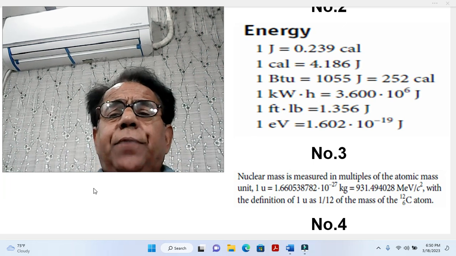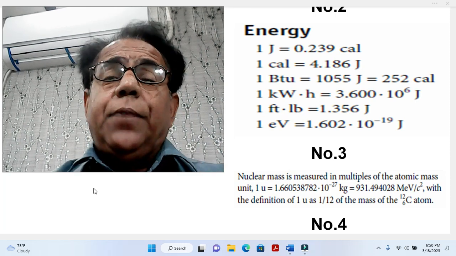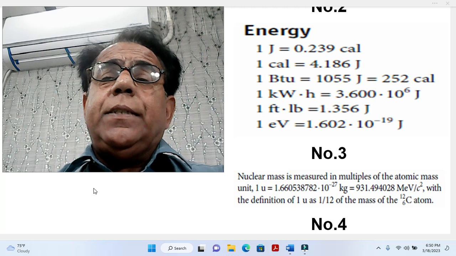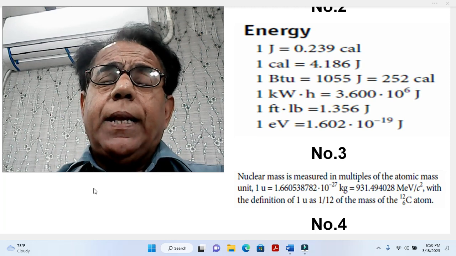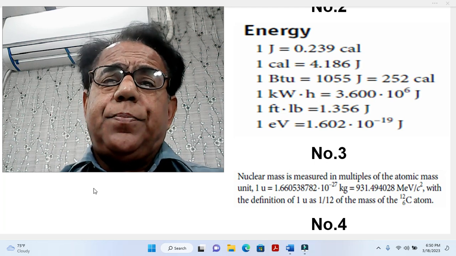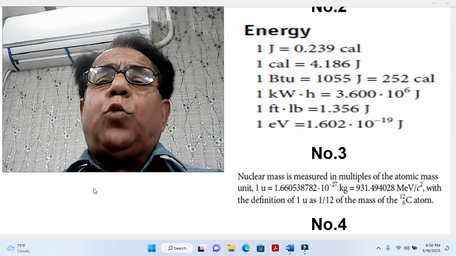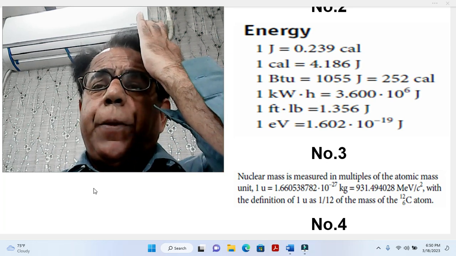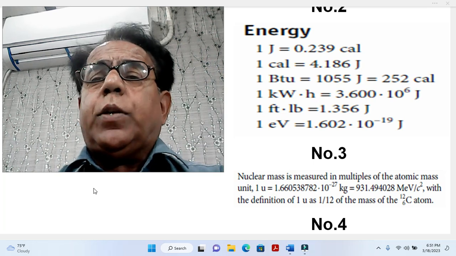Anyhow, wherever we have to convert electron volt in joule, then this last conversion factor becomes important. 1 electron volt is equal to 1.602 multiplied by 10 raised to the power minus 19 joule.